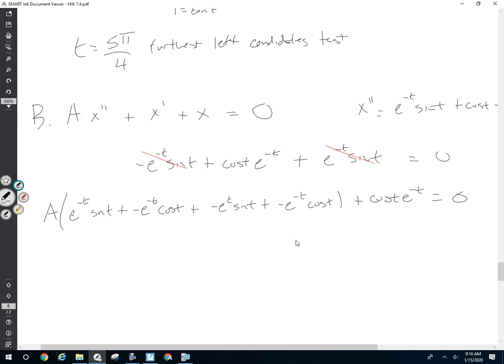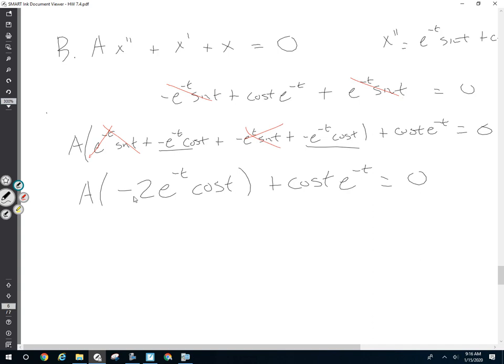Great. Okay. One thing I noticed inside this, the e to the sine t's will go away. That gives me a times, look what I have, negative 2 of these e to the negative t cos t's plus cos t e to the negative t.